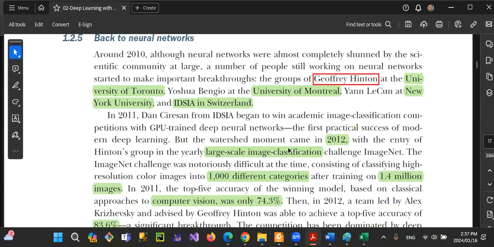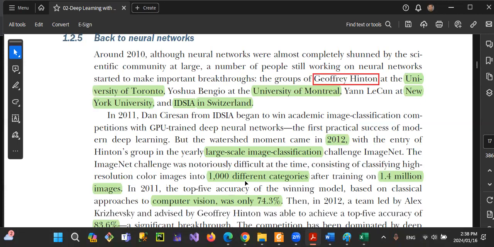The team that Dr. Geoffrey Hinton sent to a competition. It was a kind of famous competition. The initial result, working on over 1.4 million pictures, was 74.3.